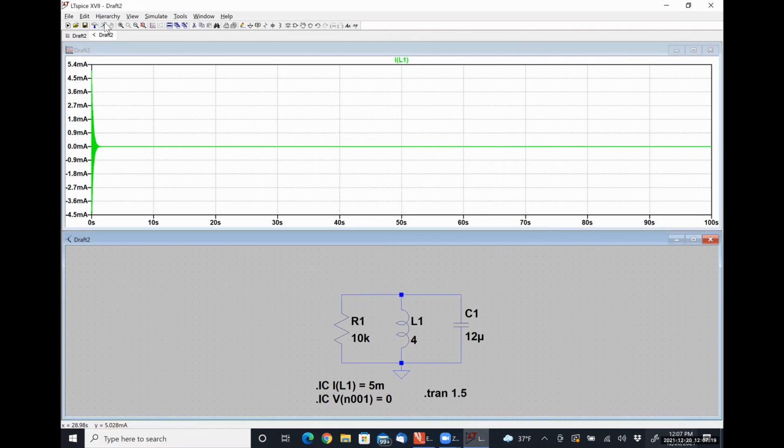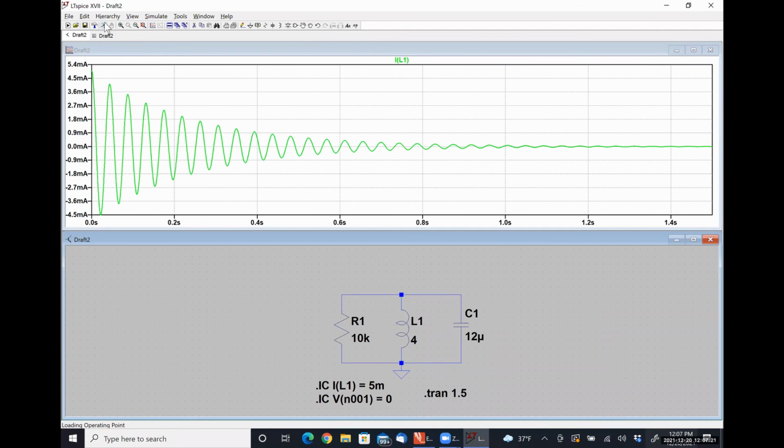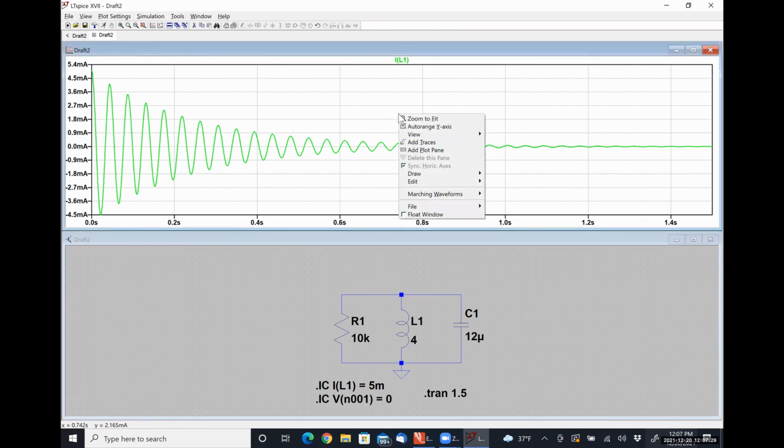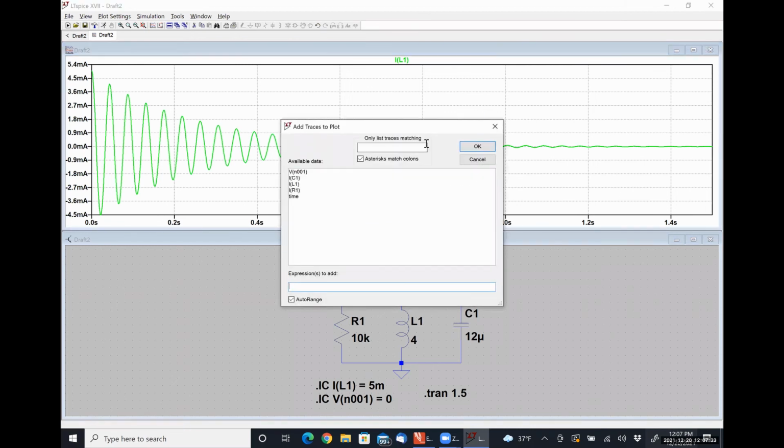And rerun my simulation. All right, so this is the important part here, how we check our work. I can right click on my graph and I can add a trace. And I can literally type in a mathematical expression here where it says expressions to add, okay?